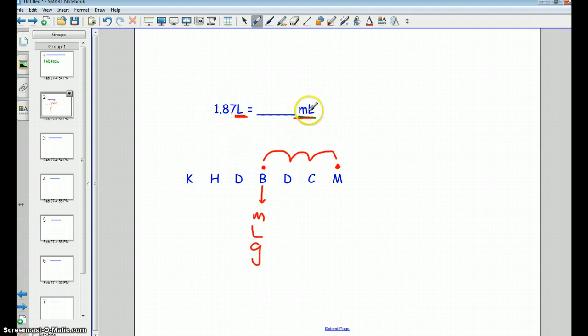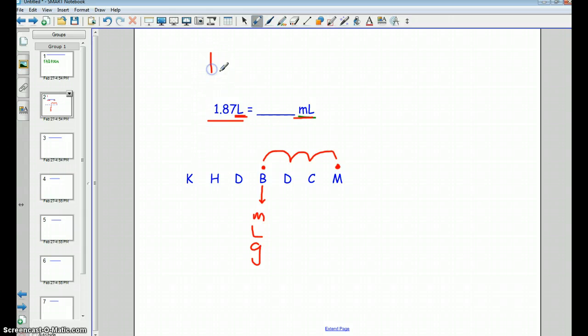So a milliliter is 1,000 times smaller, which means that my number is going to have to be 1,000 times larger, because a liter is much larger than a milliliter. So there's going to be a lot of milliliters in 1 liter. And we know already that it was 1,000 times difference from the liter to the milliliter.